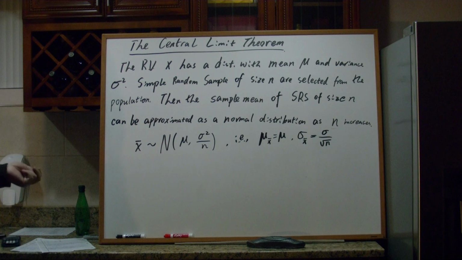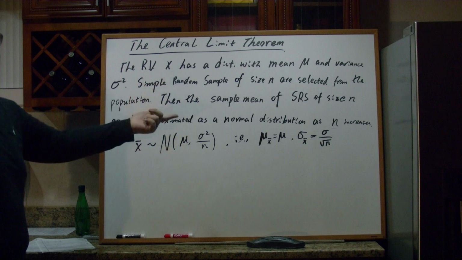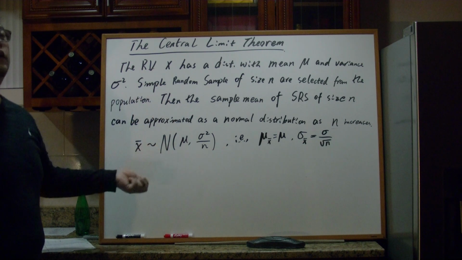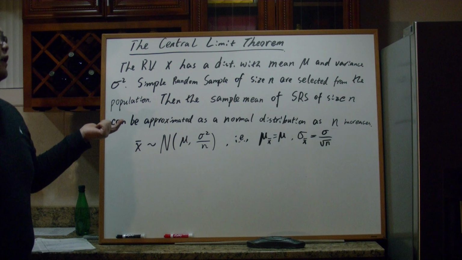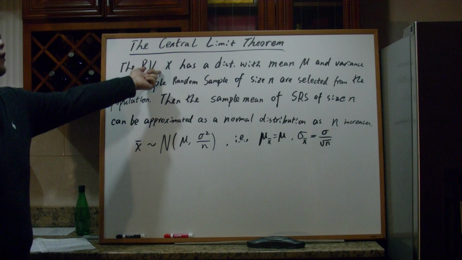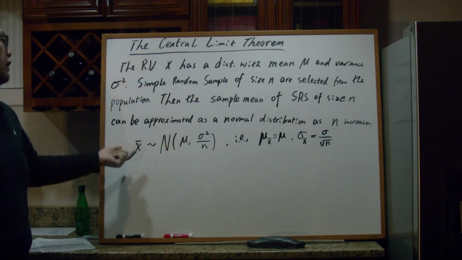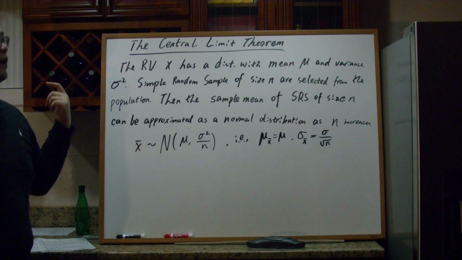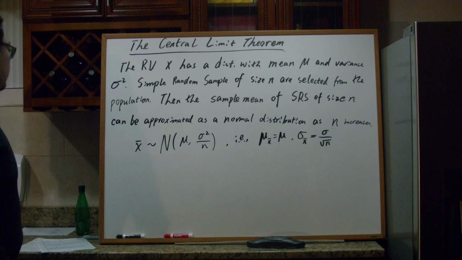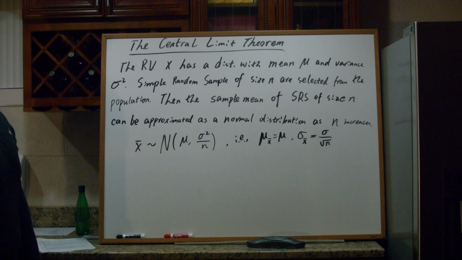If we don't know the distribution, n is required to be a large number, then the sample mean will be normal. If the distribution of the random variable is originally normal, then no matter what n is, however large n is, the sample mean follows a normal distribution.